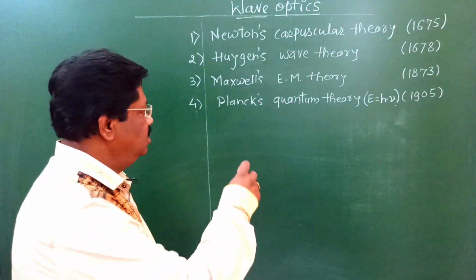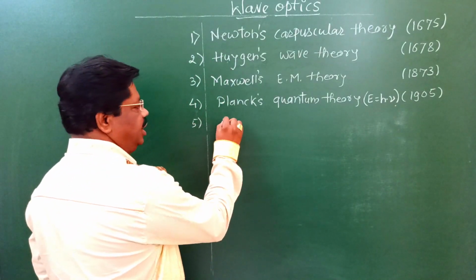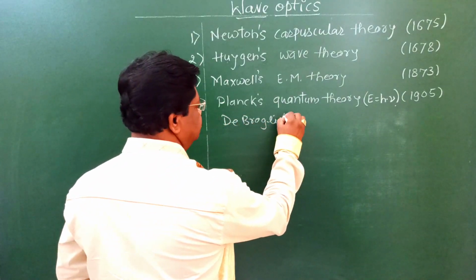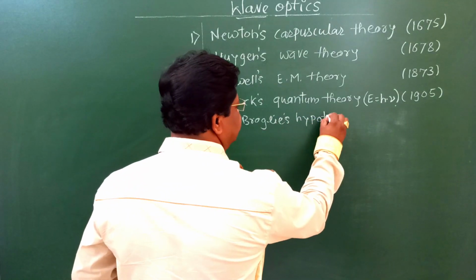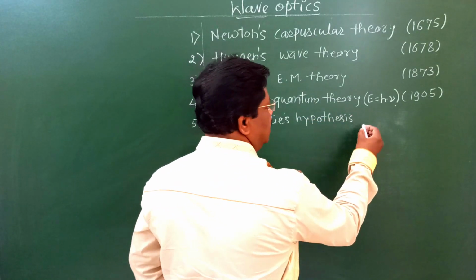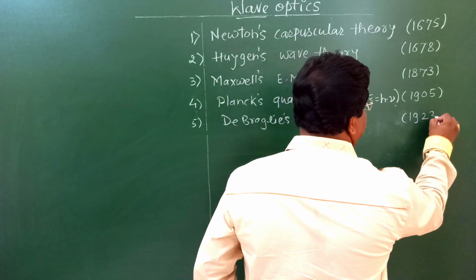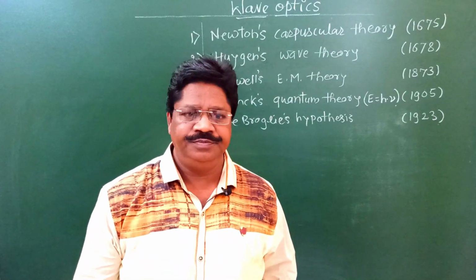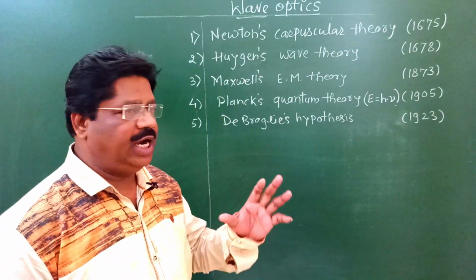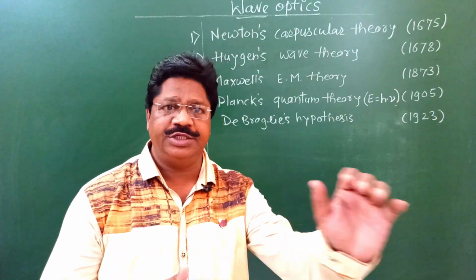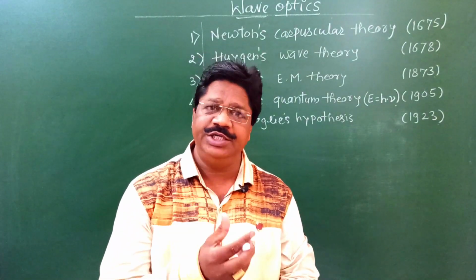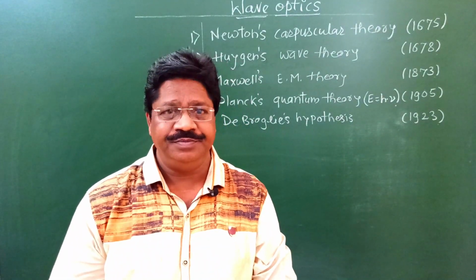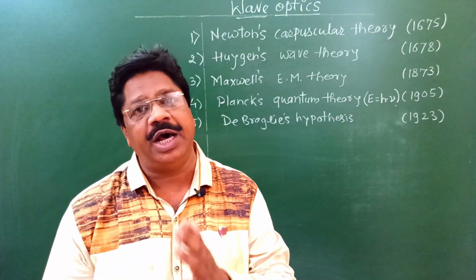And later on, de Broglie's hypothesis, in about 1923. Another scientist, de Broglie, proposed his theory: some optical phenomena are explained on the basis of the wave nature of light, and some optical phenomena like the photoelectric effect are explained on the basis of the particle nature.